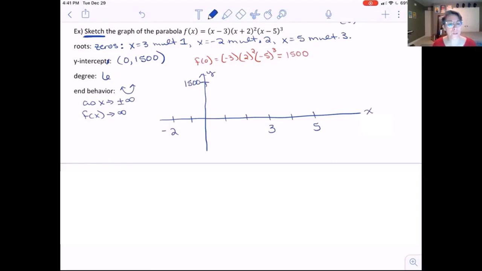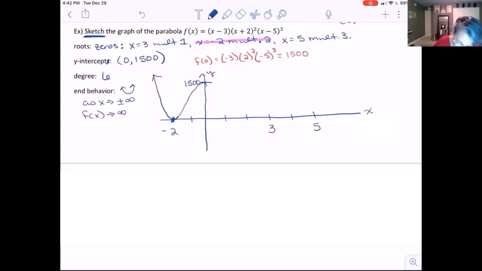So as we're going to this first 0, x equals -2 with a multiplicity of 2. Remember, our multiplicity, if it's even, it's going to bounce. So we know we start upwards. We're going to bounce off of -2.